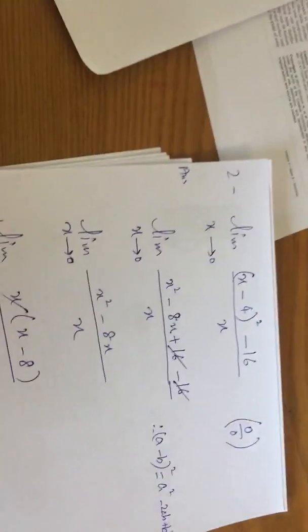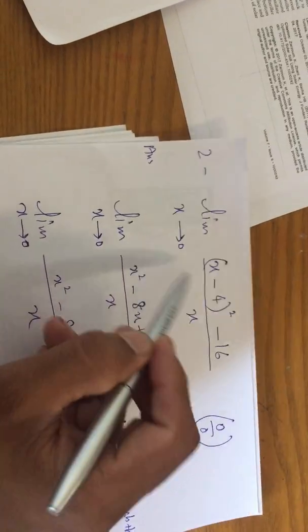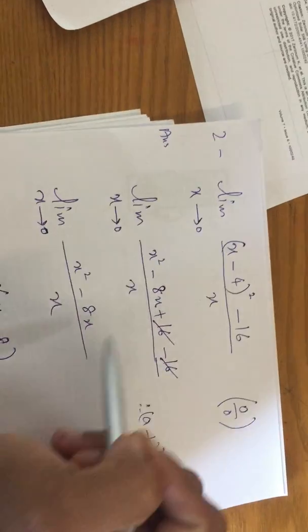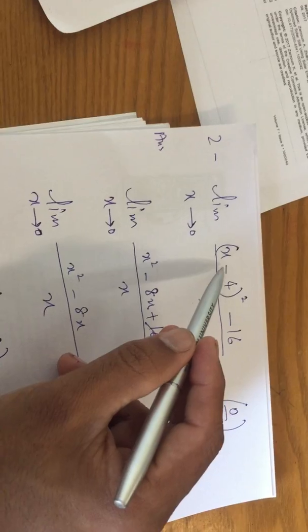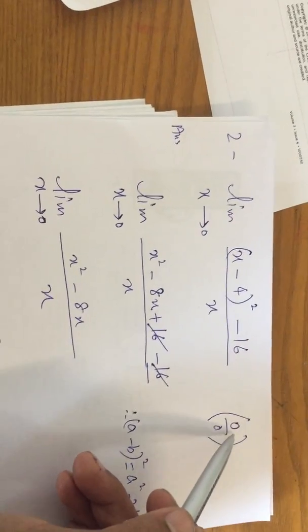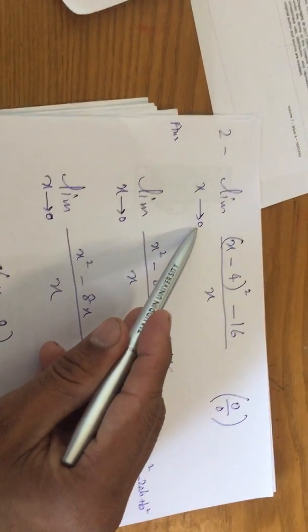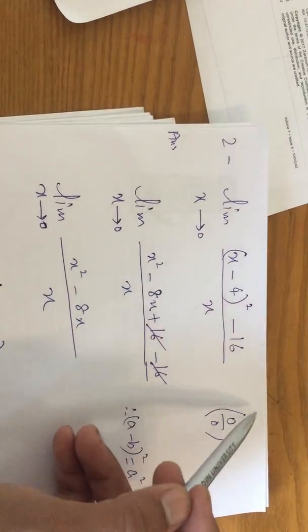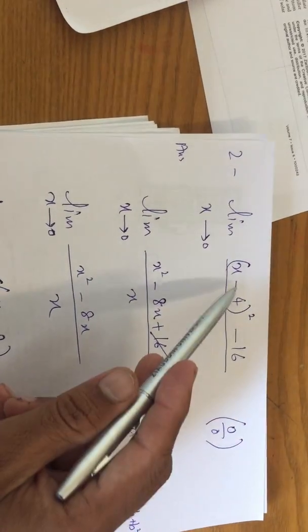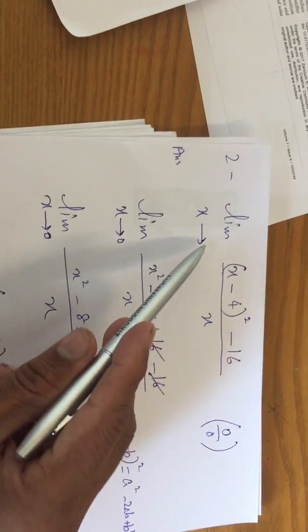The second question is limit as x approaches 0 of ((x minus 4) power 2 minus 16) over x. We can use the formula a square minus b square, but I do it differently. If applied here, we see 0 by 0, undefined condition again. So we need to figure out the numerator side.